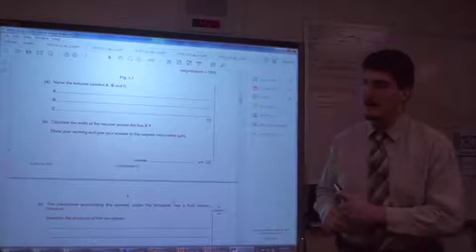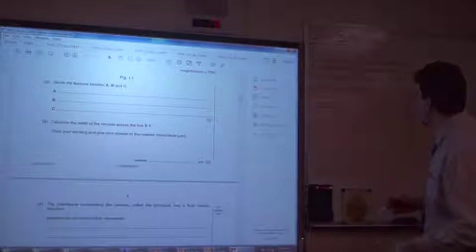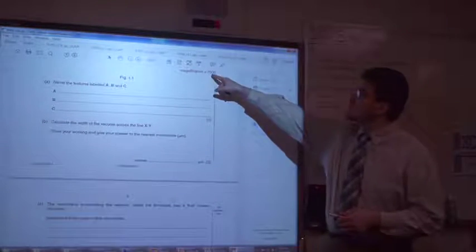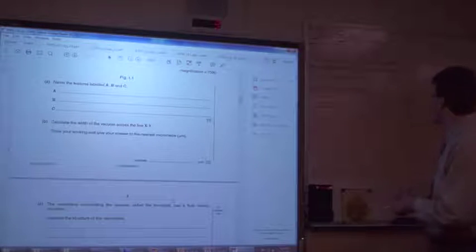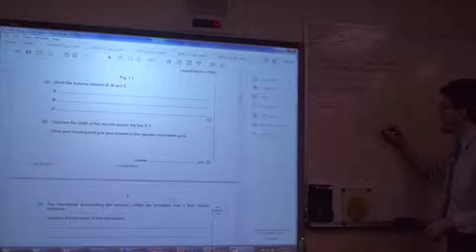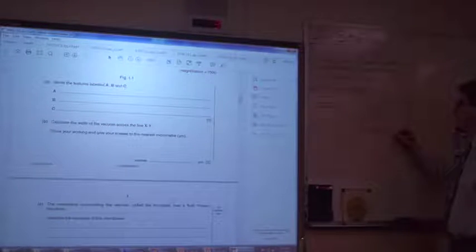I'll get back to that in a second. So, they give you the magnification, times 7,000. So M equals 7,000. The image size is, let's say I measured it as 7 millimeters to make my life easier.